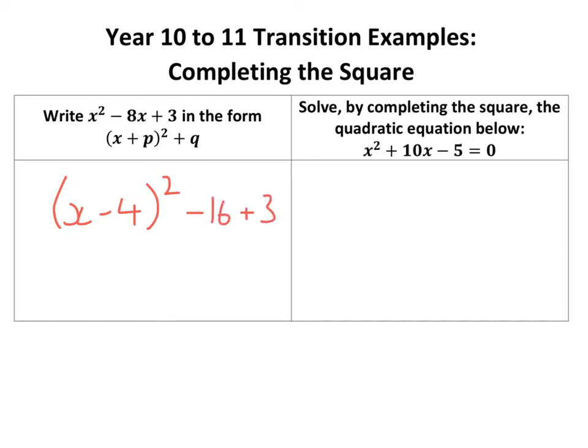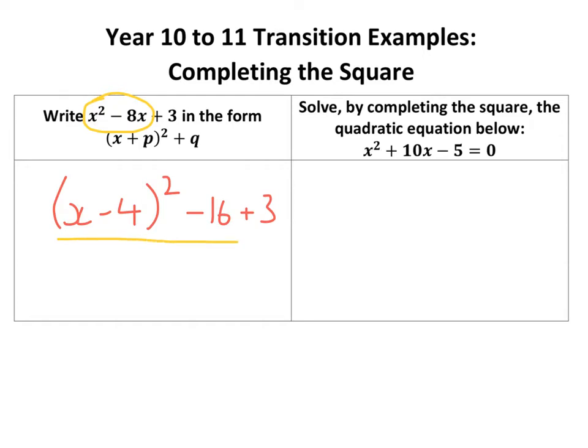So this bit here, actually if I do it in a different colour, that would be a better idea. Should have thought about that before I started. Here we go. So this bit here is this bit here.